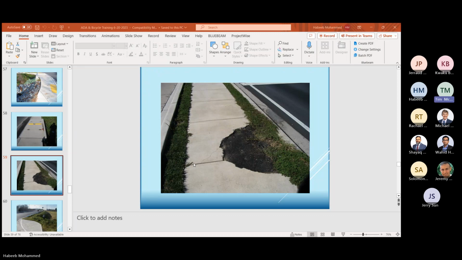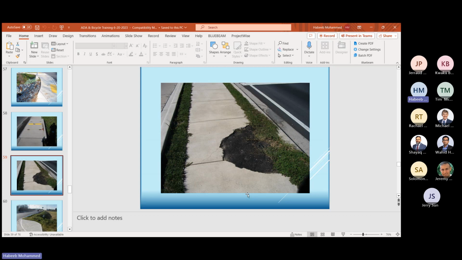I have a question. Go ahead, Tim. So the maximum slope for the ADA ramp is like 8.3%. So what do you do if your roadway and sidewalk grade is like 10% or 11%? First of all, this is not a ramp, this is a sidewalk, but the sidewalk cross slope has to be 2%.